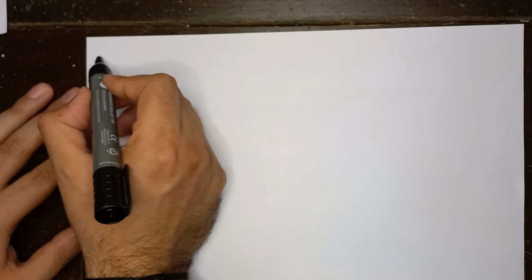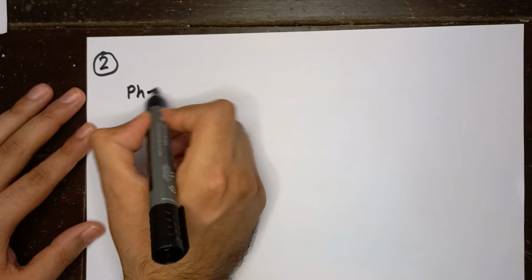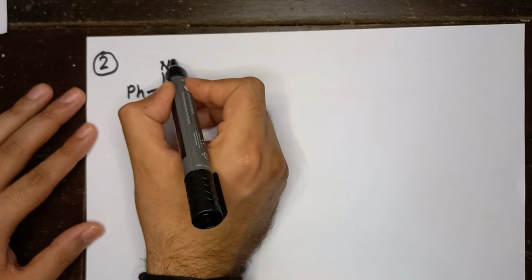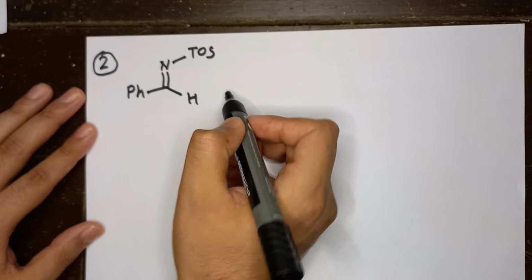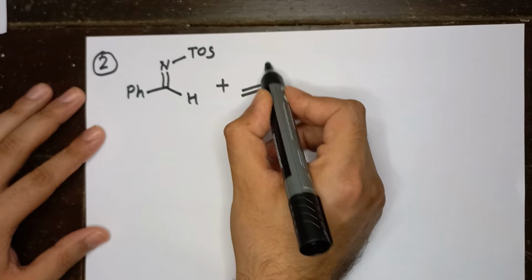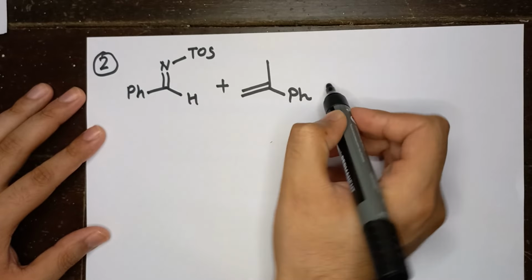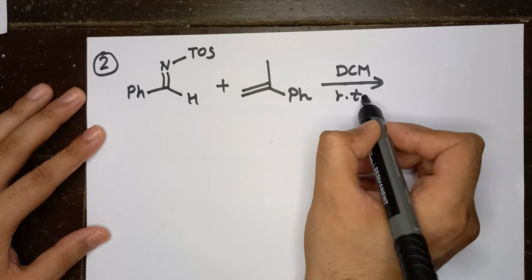Okay, here's the second question. We have this as one of the reagents and we are reacting it with this alkene in presence of DCM at room temperature.